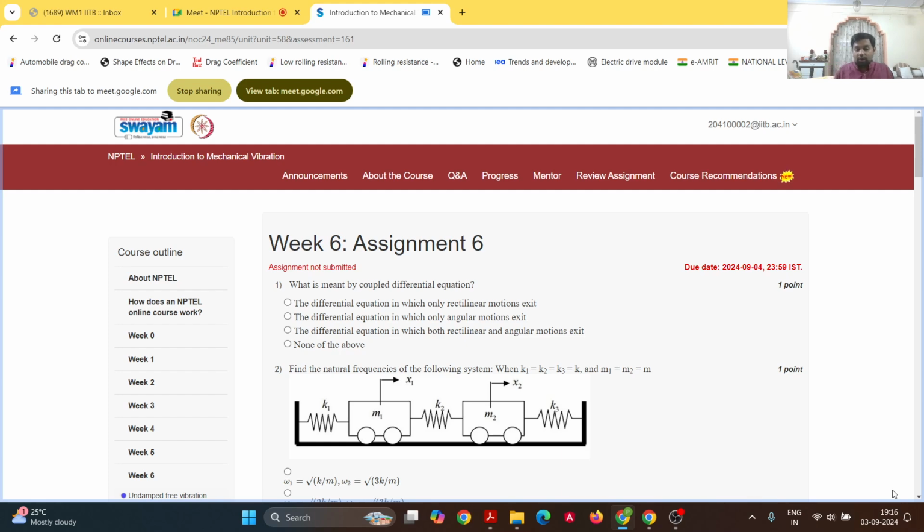Be it a spring mass system or whatever, we need to find the natural frequencies of that system. Once you get the differential equation, in the case of a pendulum, to find the natural frequency, generally we do some simplifying assumptions, like small angles of oscillation.